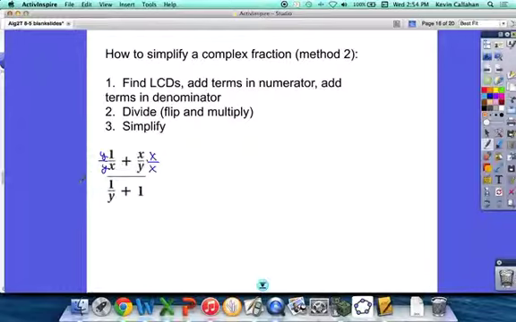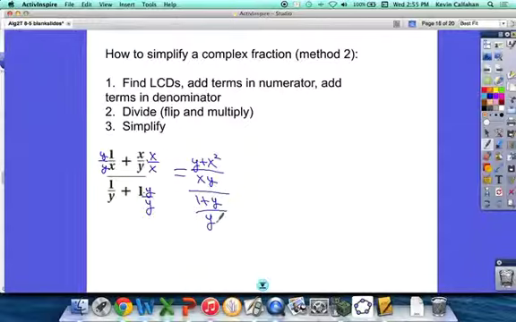What's the least common denominator in the denominator? y. So multiply this 1 times y over y. Now you can add. In the numerator you've got y plus x squared divided by xy. In the denominator you've got 1 plus y divided by y.